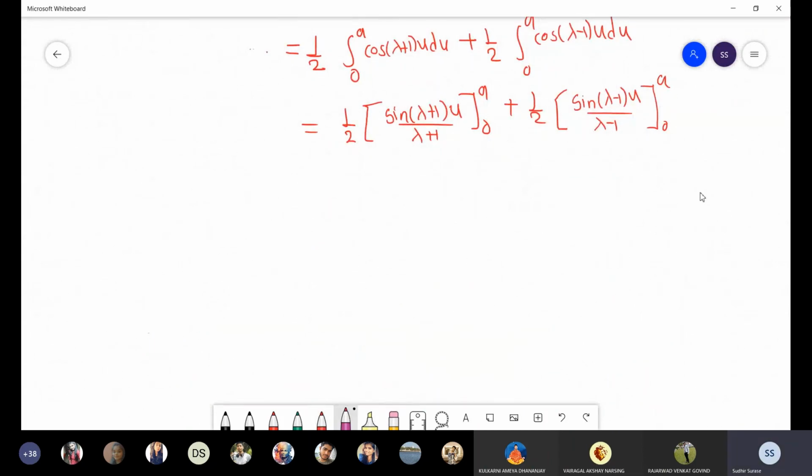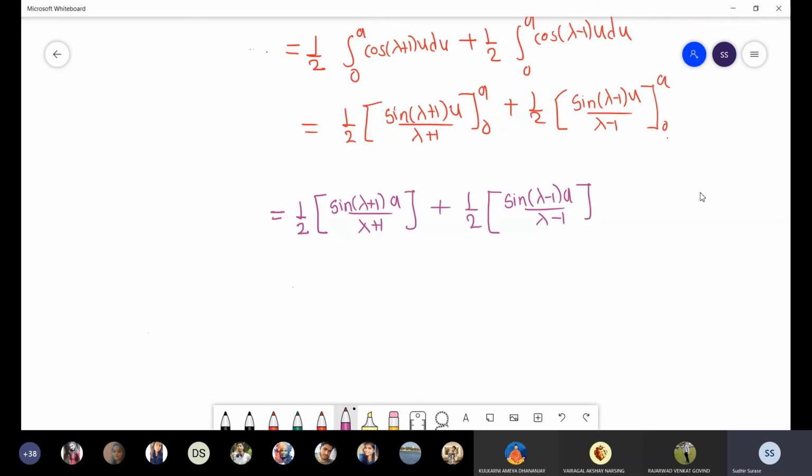So it is equal to 1 by 2, and putting upper limit a gives sine (lambda plus 1)a divided by lambda plus 1, and at the lower limit sine 0 is 0, so this whole quantity becomes 0, no need to write it. And 1 by 2 at the upper limit a gives sine (lambda minus 1) times a divided by lambda minus 1, and at the lower limit sine 0 is 0.